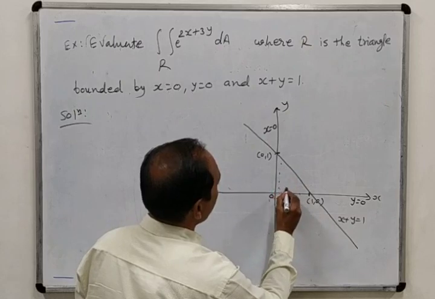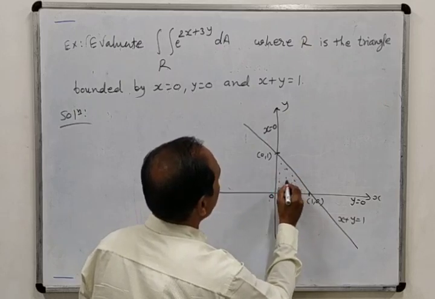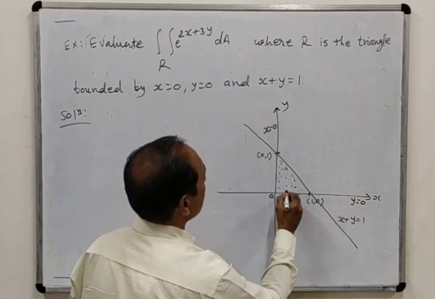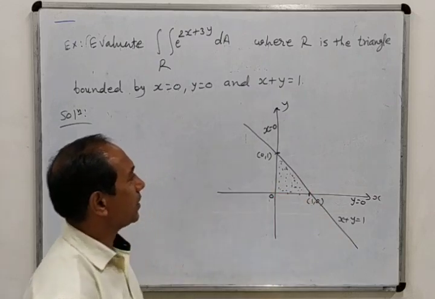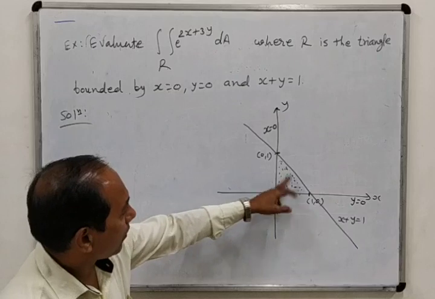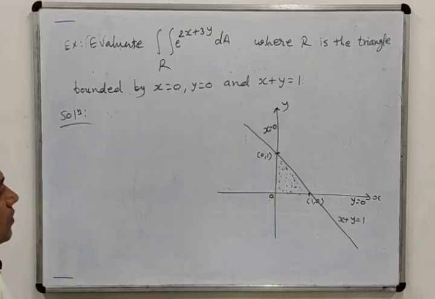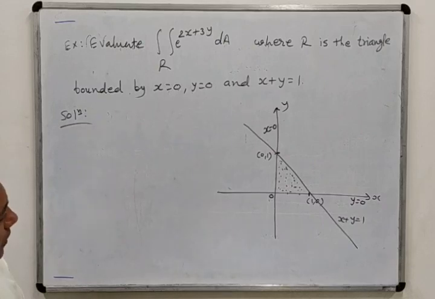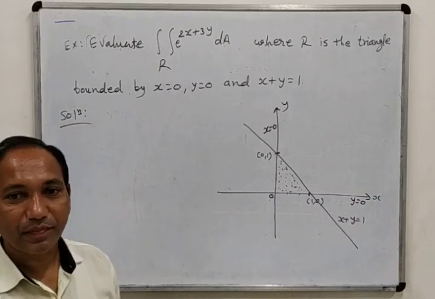So for the region bounded by these, just put dots within the region. Observe that this is the required region within which we want to find the limits. So now the region is obtained.